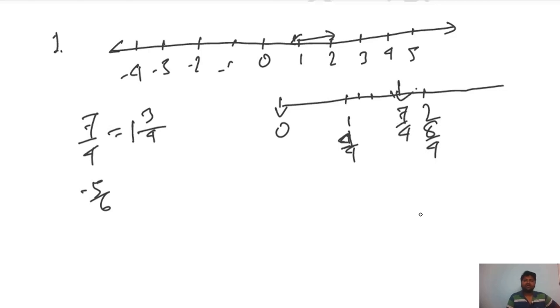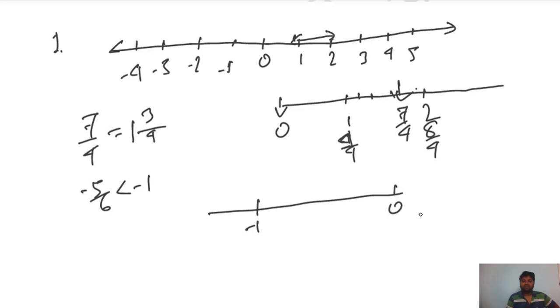Similarly, minus 5 by 6 is a number between minus 1 and 0, because minus 5 by 6 is greater than minus 1. So we represent 0, and this is minus 1.